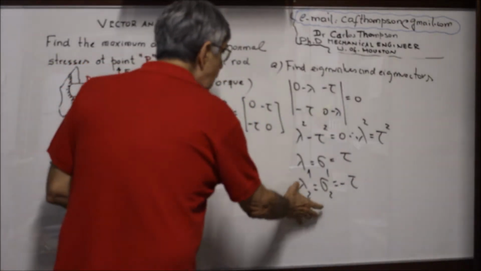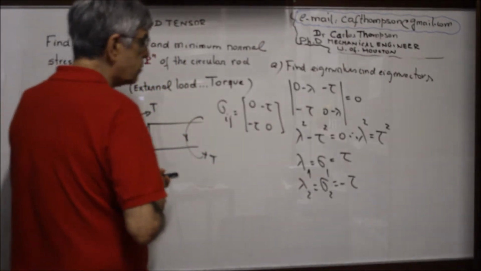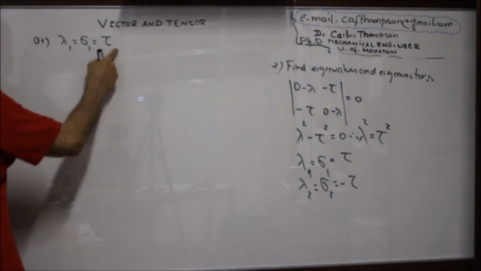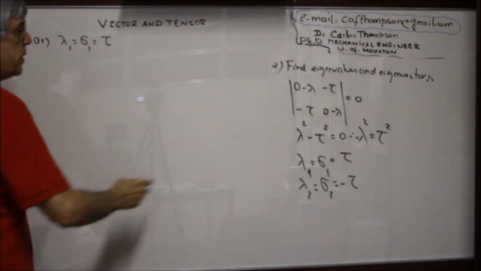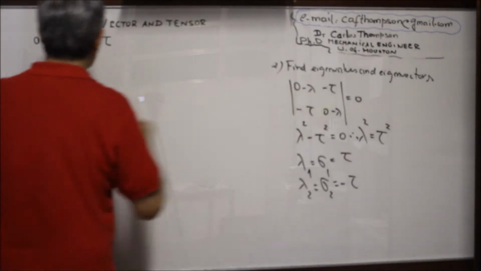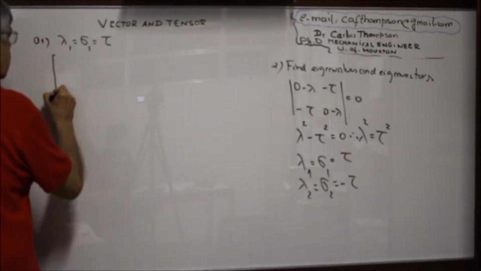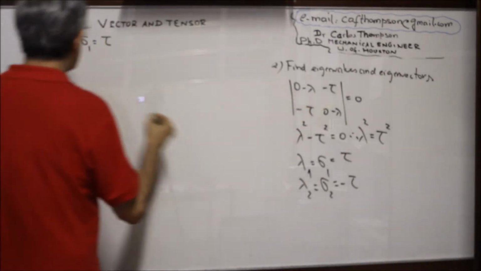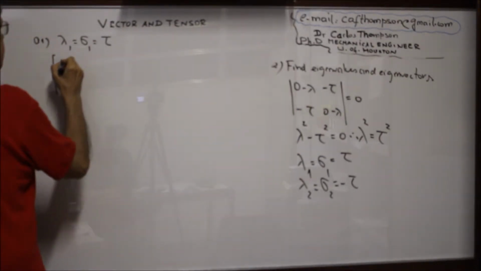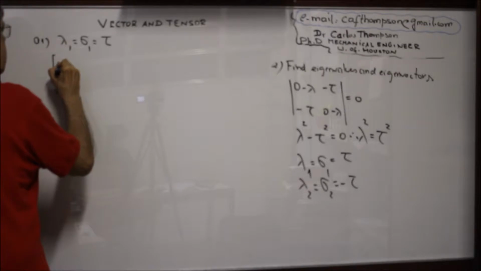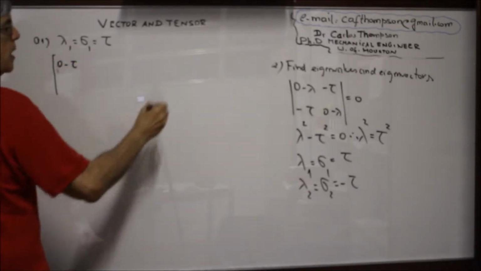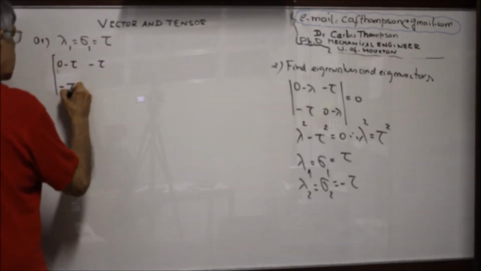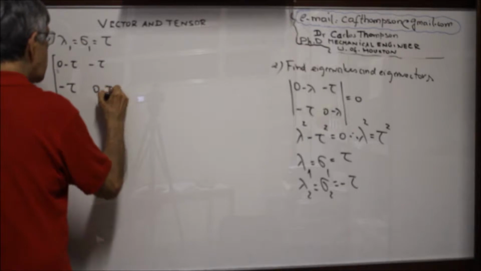Now let's find the eigenvector corresponding to these eigenvalues. Lambda 1, sigma 1, is equal to plus tau. Now we'll solve the homogeneous equation: 0 minus lambda gives 0 minus tau, with minus tau, minus tau, and 0 minus tau.